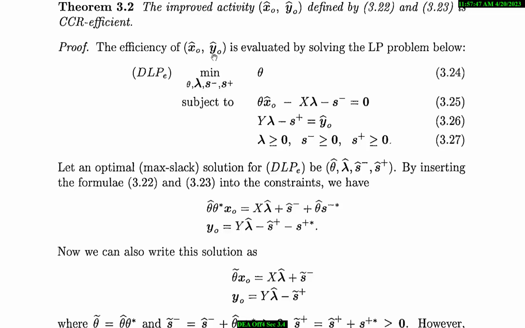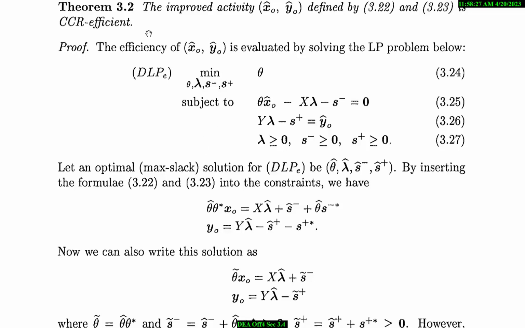Here, for the projection, we name it DLPE. So we first should minimize theta subject to these constraints, where we only put X hat O instead of XO and Y hat O instead of YO. This is the CCR envelopment model to evaluate X hat O and Y hat O.